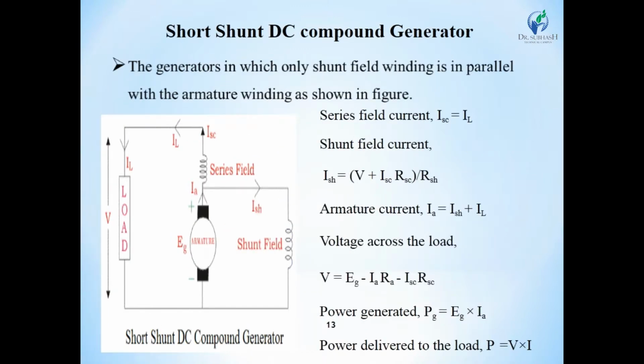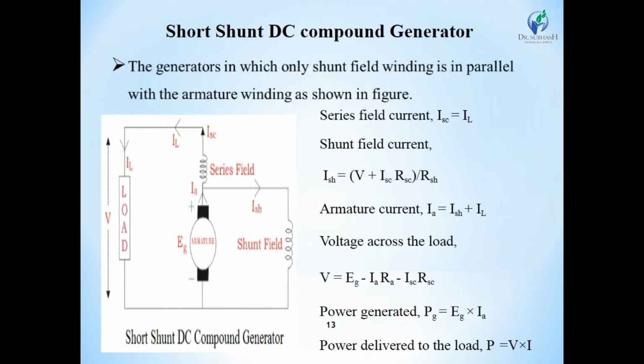Now for the short shunt compound DC generator, which is shown in this slide. In the short shunt, the F1 and F2 winding appears directly in parallel with the armature winding, and the parallel combination is in series with the series field S1 and S2 winding.